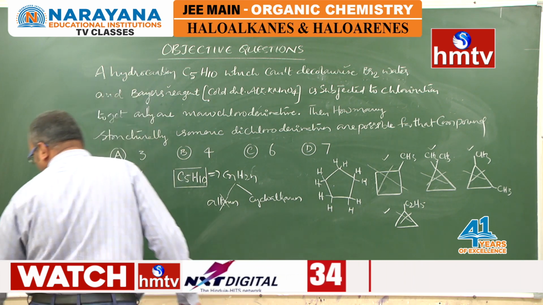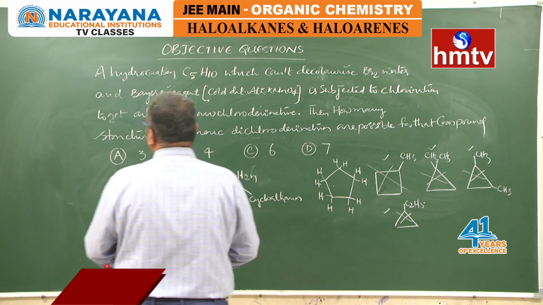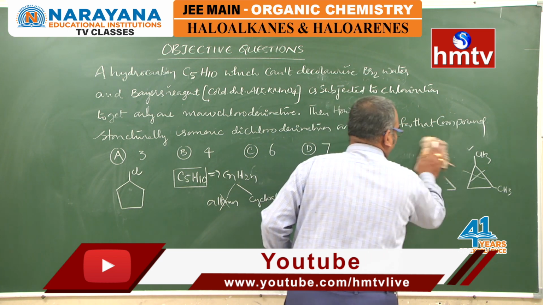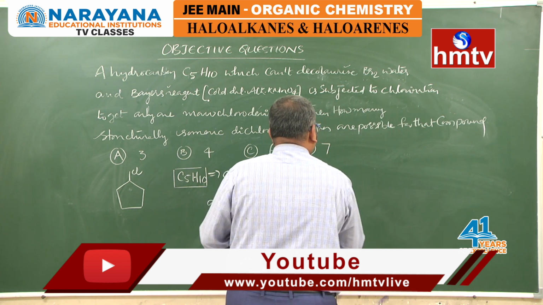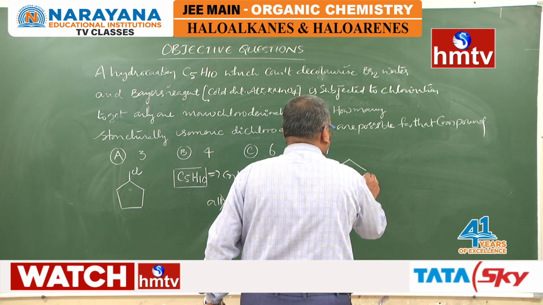Now if it is subjected to chlorination, how many dichloro derivatives are possible? Let us see that. I'll remove this particular part and write down here. So cyclopentane, when subjected to chlorination, how many dichloro products are possible?